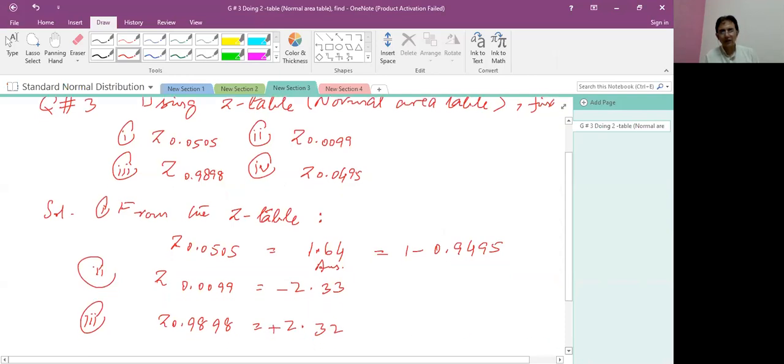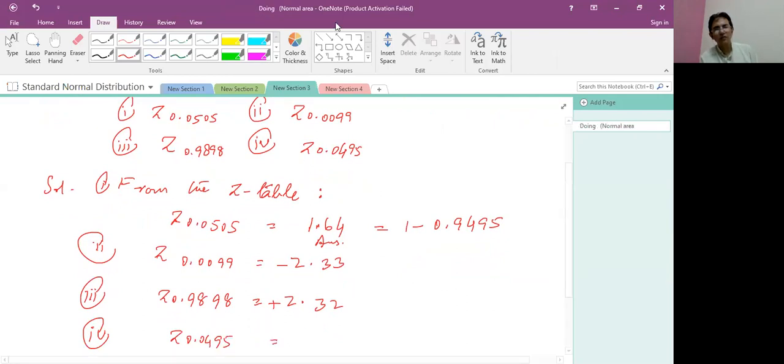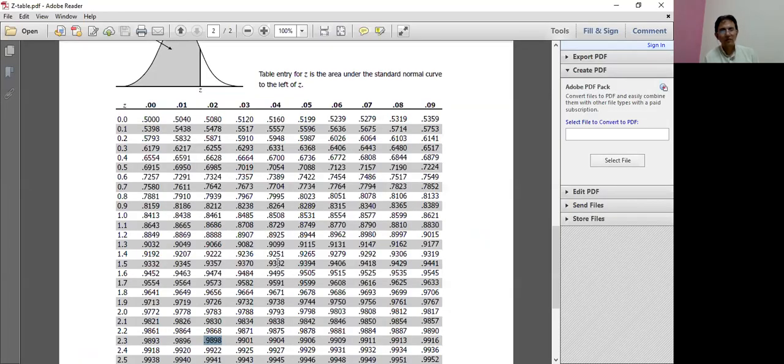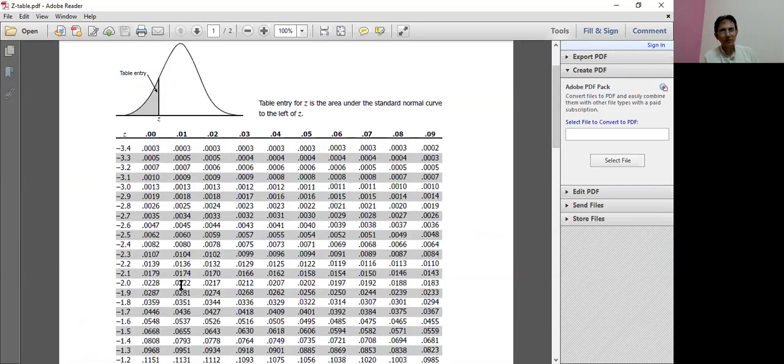And the last part is from the z table, z is 0.0495. Again, we move to the z table. These are the higher values, so we will consider here at the first page 0.0495.